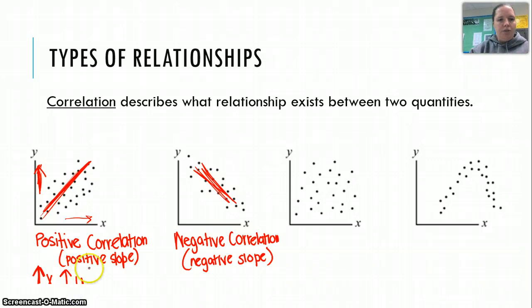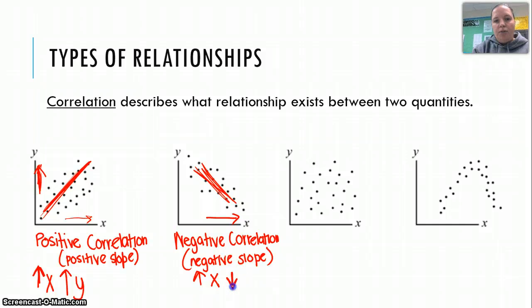If you look at a negative correlation, as the x values are increasing, whatever's on the x-axis, you notice these y values are dropping.